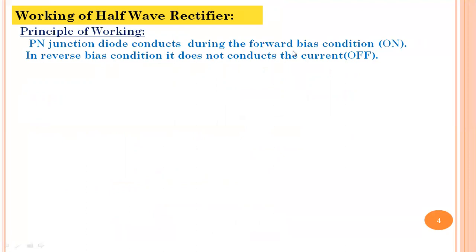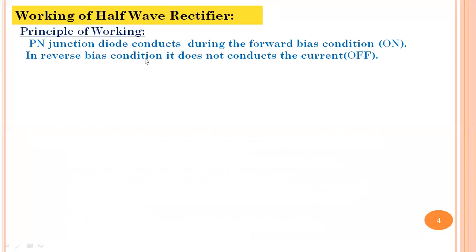Forward biasing means the positive terminal of the battery is connected to the P region, meaning the anode, and the negative terminal of the battery is connected to the N region, meaning the cathode. Then the diode will be under forward bias. Under forward bias condition, it conducts a large amount of current. It simply behaves like a closed switch, or the device is in the on condition.